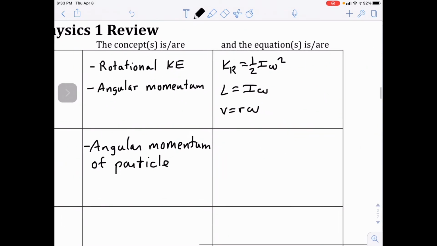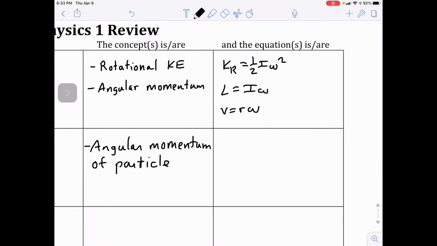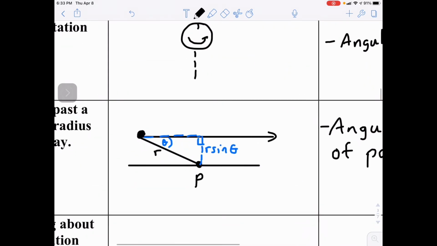Now, you need to know that the formula for the angular momentum of a particle is m v r perpendicular. If that object is right over a particular point of reference, then it's just r, that short little line right here. But if it's some distance away, then we take the perpendicular.